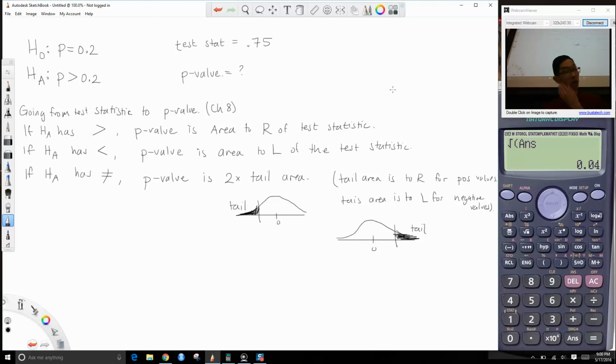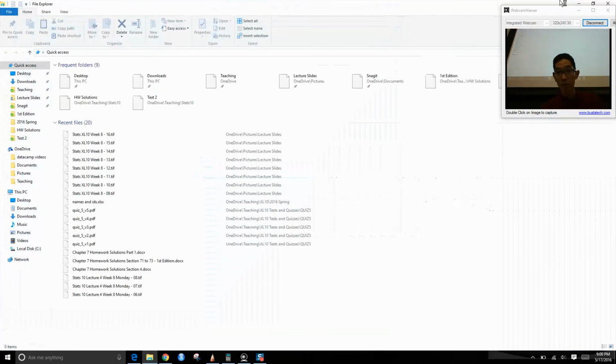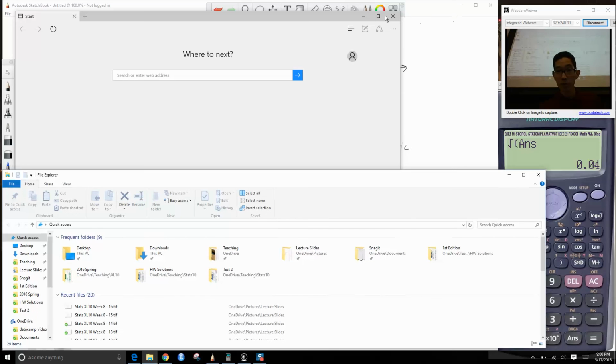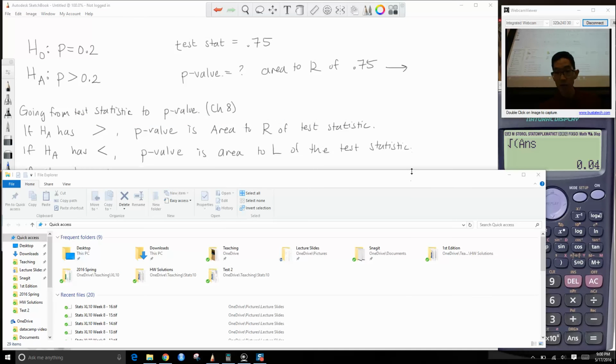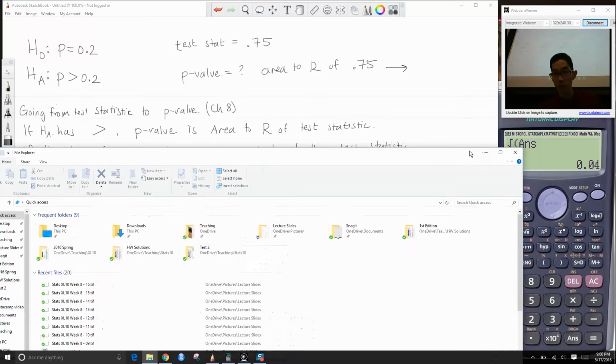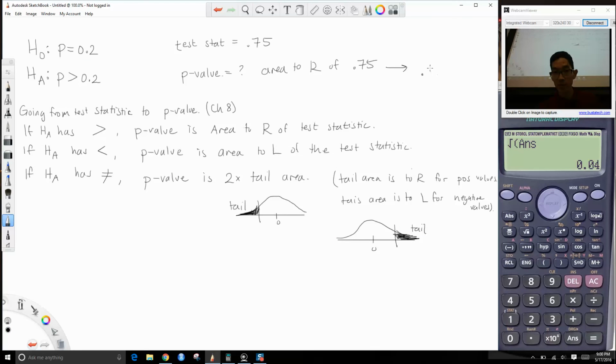What is that? So the p-value here is going to be the area to the right of our test statistic of 0.75, and that is 0.2266, is that right? Okay, I will take you at your word.